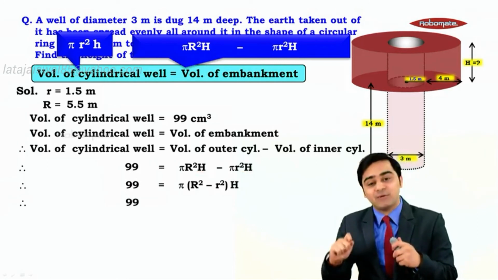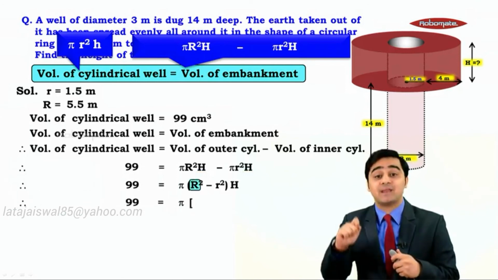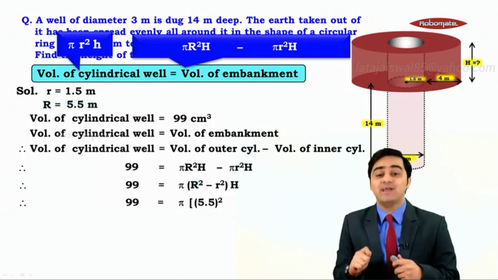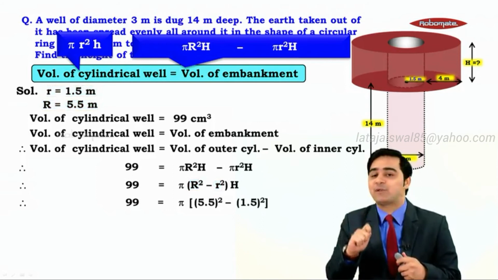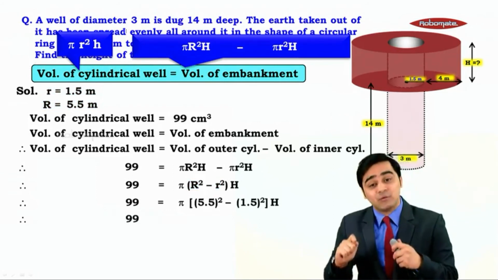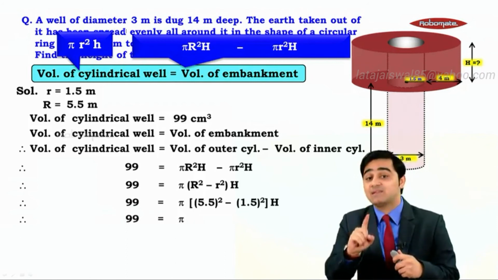So the next step is therefore 99 is equal to pi. Now the value for capital R, that is the radius of the outer cylinder, is 5.5. So we'll write 5.5 the whole square. The value for small r, that is the radius of the inner cylinder, is 1.5. So we will write 1.5 the whole square into we have capital H. Now the next step is therefore 99 is equal to pi. Now this is an algebraic identity.